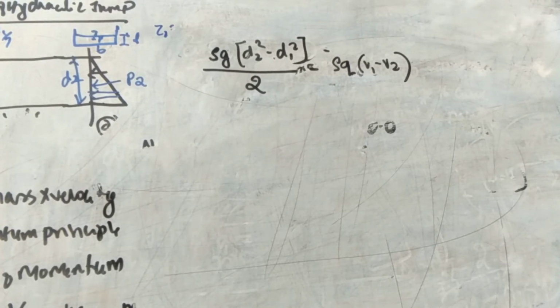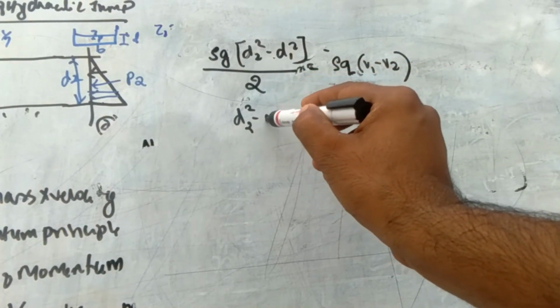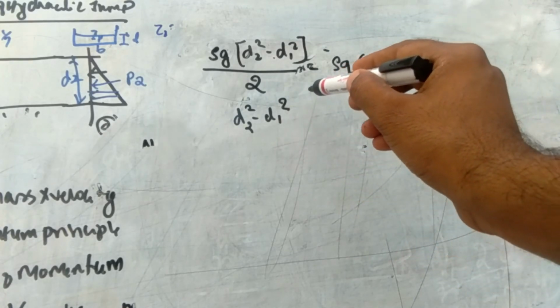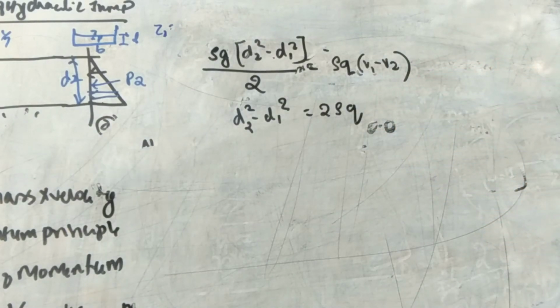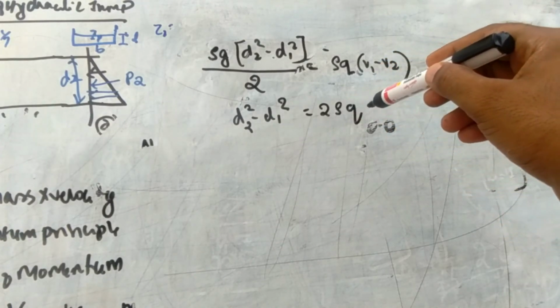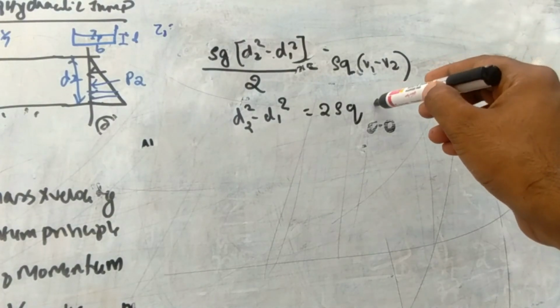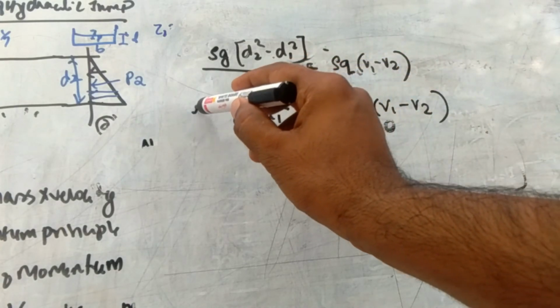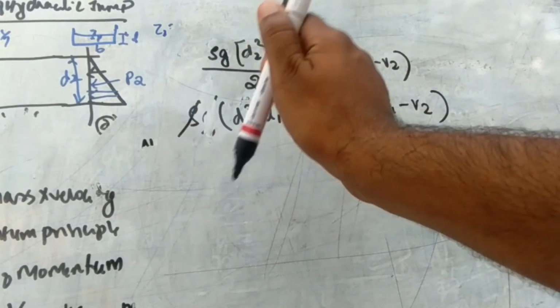So next equation: d2 square minus d1 square is equal to 2 rho small q into v1 minus v2 divided by rho g.